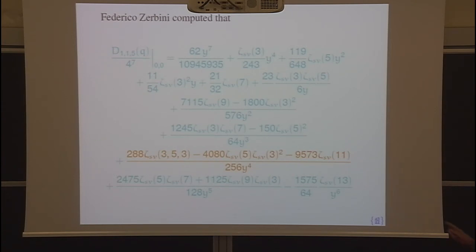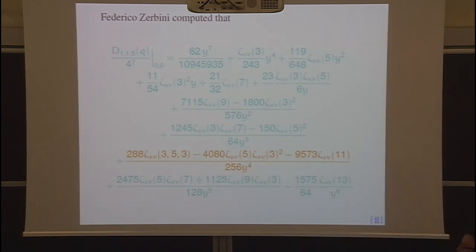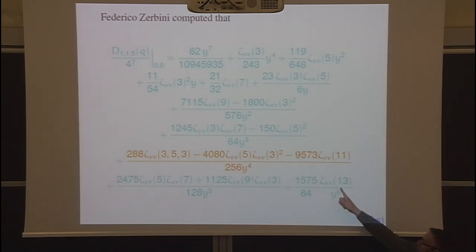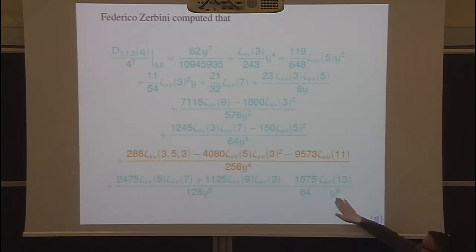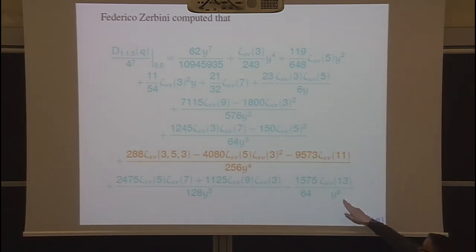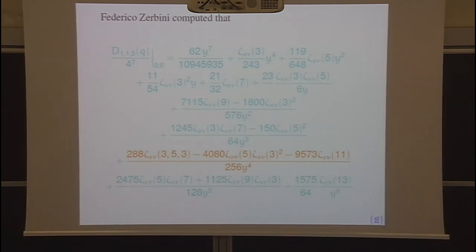So I am at weight 11, and I have all the guys that I told you are in the basis. At weight 13 as well, there are some non-trivial multiple zetas, but because this is the highest term in the expansion here, there's only a single one, we don't see the other guys.